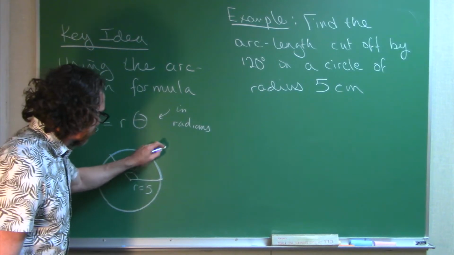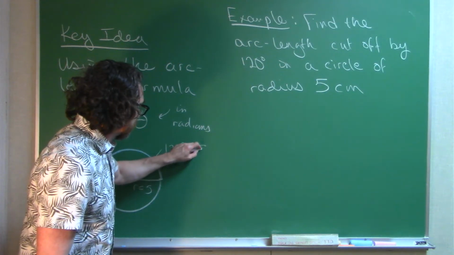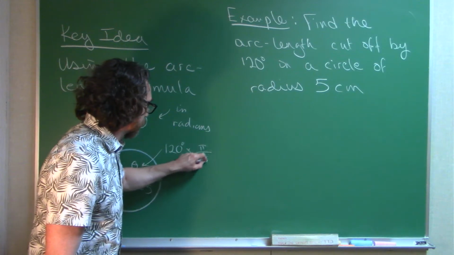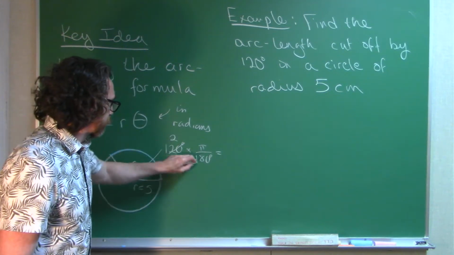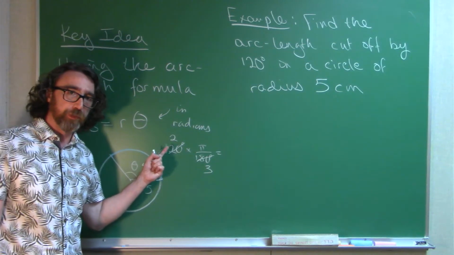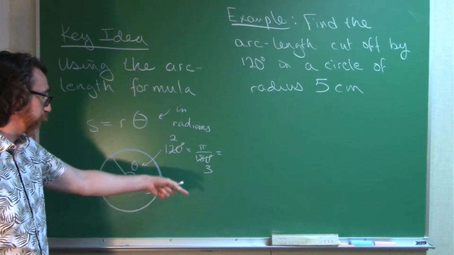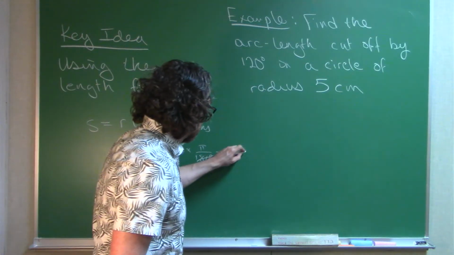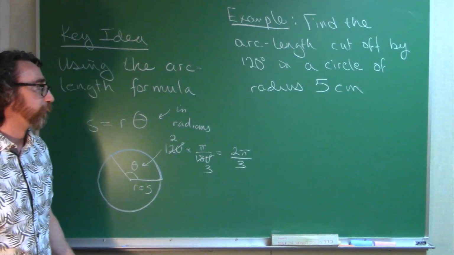So if theta is 120 degrees, we'll convert that to radians. Okay, so there's a factor of 60 in each of these. 60 divides evenly into 120. It also divides evenly into 180, so the 60s cancel. 120 degrees is 2 pi over 3 radians.